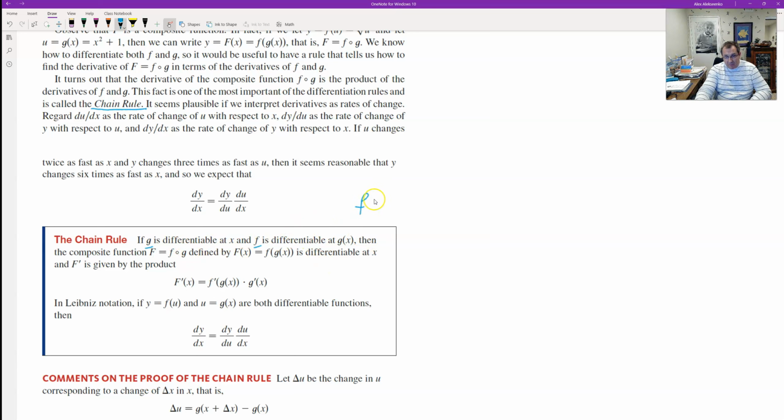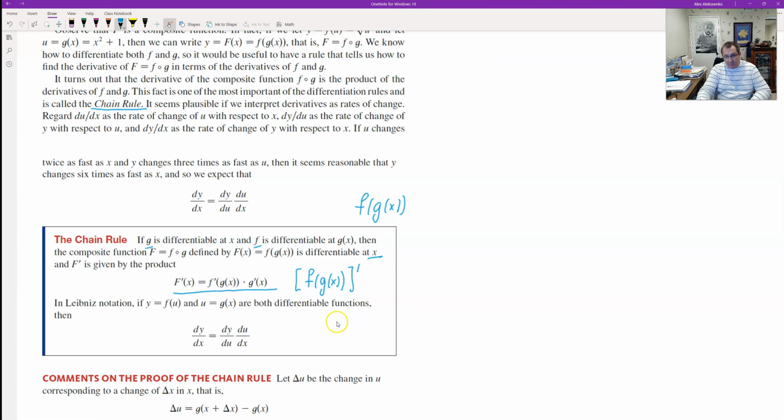Then we can consider the composition f of g of x, and it turns out that this composition will be differentiable at x, and the derivative will be given by the following formula. Let me recap this formula. We have a composition of two functions, f applied on top of g of x, and we would like to evaluate the derivative of that composition with respect to x.